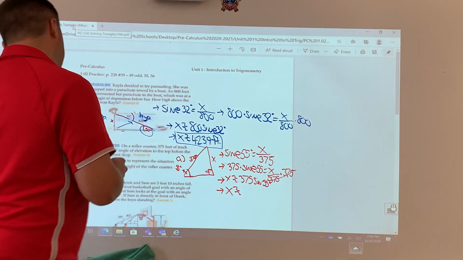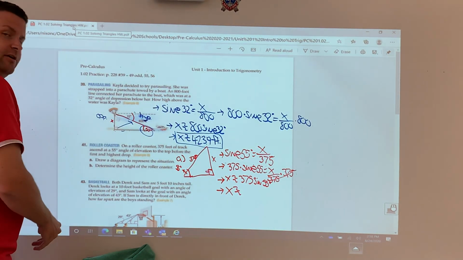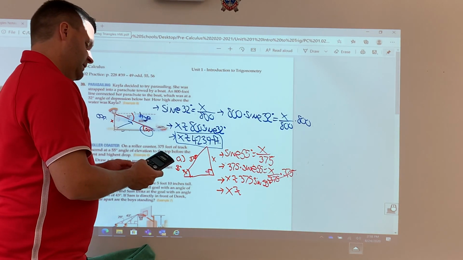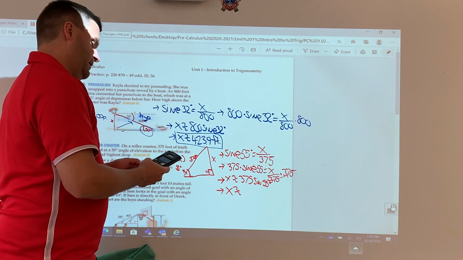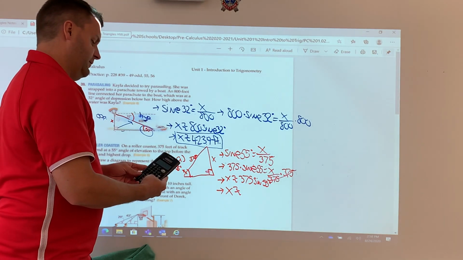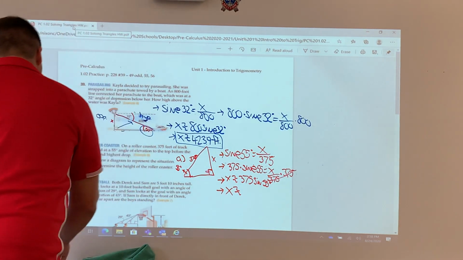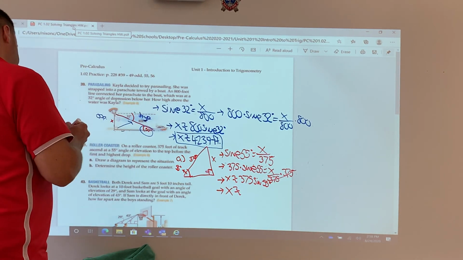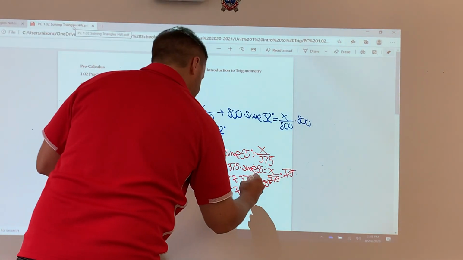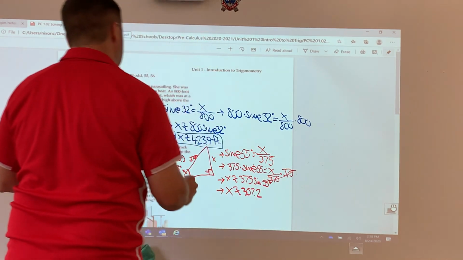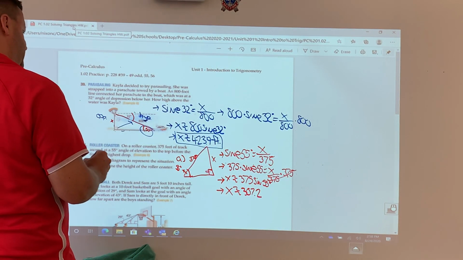So then x is approximately what? Again, calculator here. We're going to get 375, sine button, in the parentheses put 55, hit enter, and we find our answer to be 307.2, and what is that again? Feet.